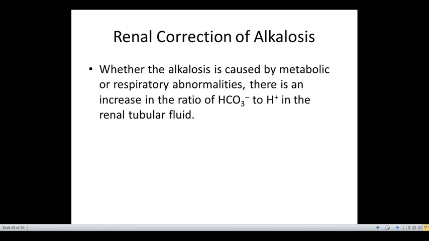Whether the alkalosis is caused by metabolic or respiratory abnormalities, there is an increase in the ratio of bicarbonate ions to hydrogen ions in the renal tubular fluid.